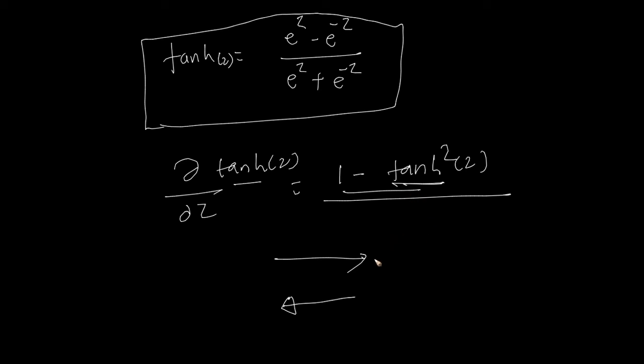Okay, so again, if I plot the graph for tanh, I'll show you quickly. This is minus 1 here and this is plus 1. This tanh looks like this, right?